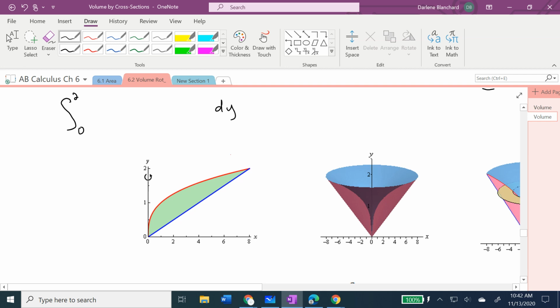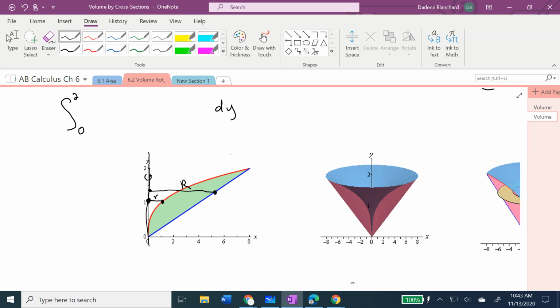And when I draw my radii, I'm going to start at the axis of rotation, draw perpendicular to the axis of rotation, through the region to the furthest function from the axis of rotation, and label that capital R. The inner radius from the axis of rotation, come out perpendicular to the axis of rotation, and stop before you go in the region to the closer of the two functions for the little r.